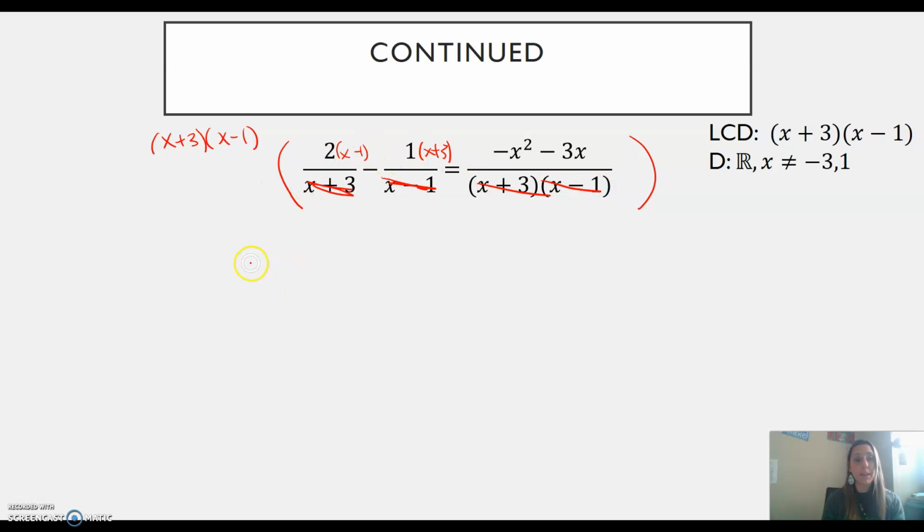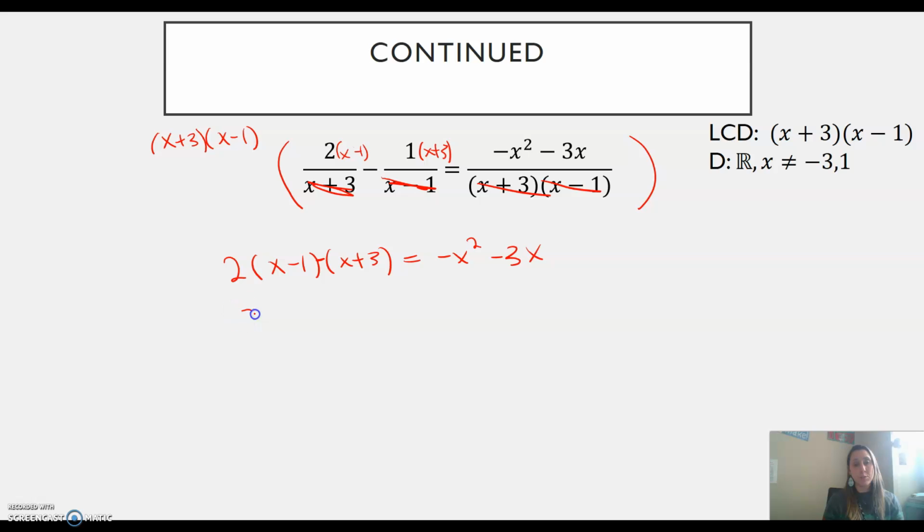So the thing that I'm left with is 2 times x minus 1 minus x plus 3, and that's going to be equal to negative x squared minus 3x. So then what I need to do now is distribute.